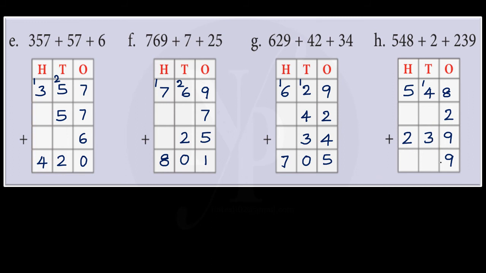So we write 8 here. 8 is a single-digit number and it doesn't involve any regrouping. So now we add digits in hundreds place. 5 plus 2 is 7. So we write 7 in hundreds column. 700. So now the sum of 548, 2 and 239 is 789.